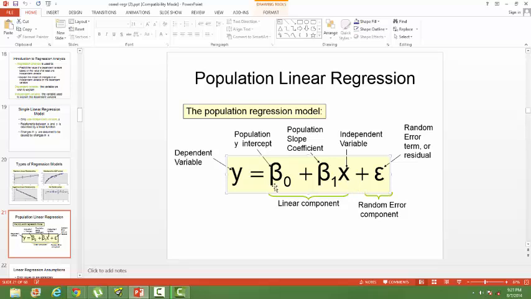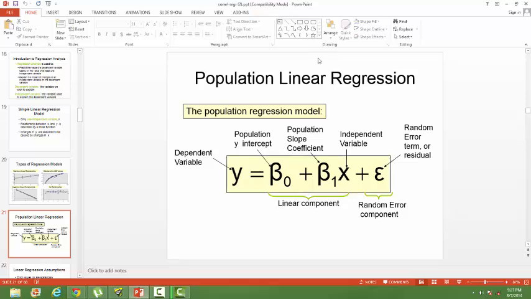So you have beta naught, which is nothing but the intercept, beta 1, which is the slope, and then we have an error term. What is an error term? We'll see that later. We call it random error because it keeps on changing with each and every data point.